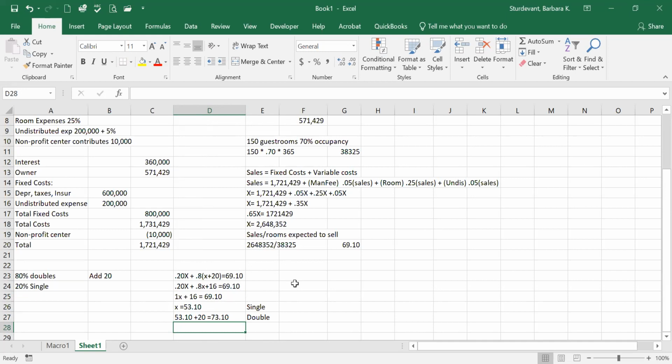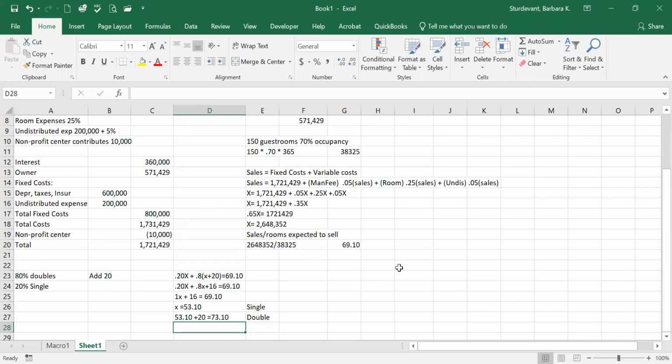I'm sorry, how'd you get the 16 again? 80% of 20. You got to distribute that 0.8 over both pieces of the parenthesis. Okay. Anything else? So you added the 20 in two different spots.